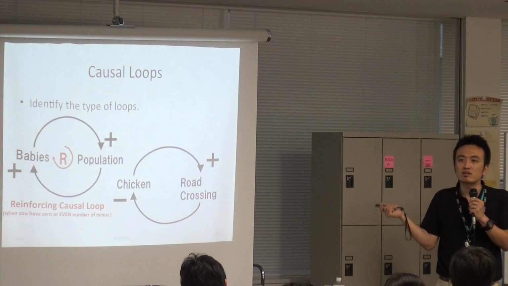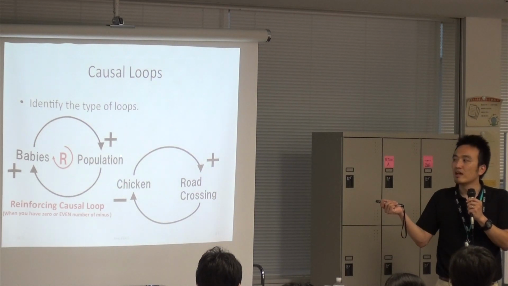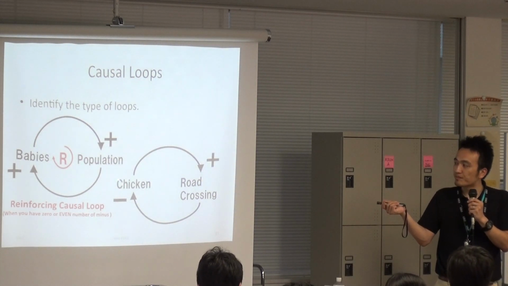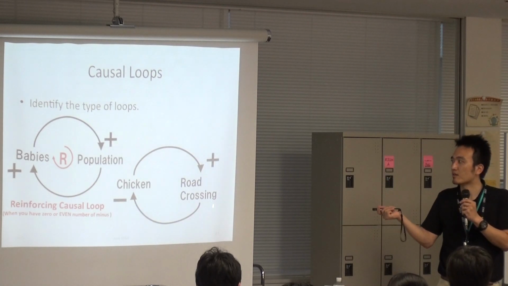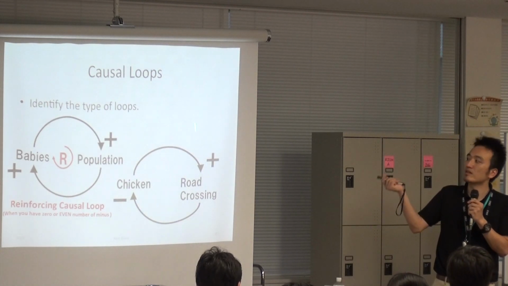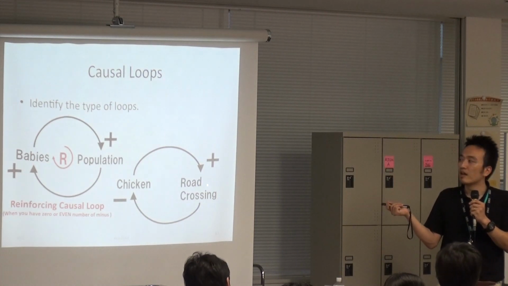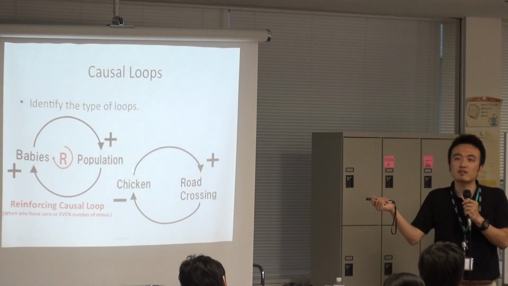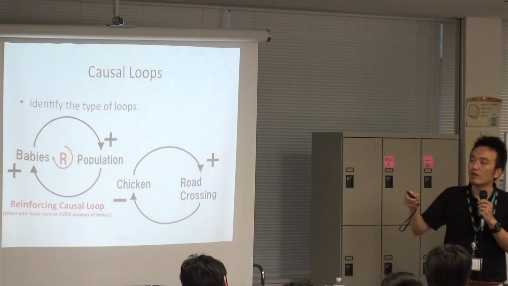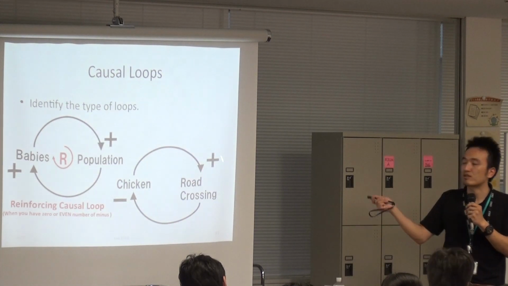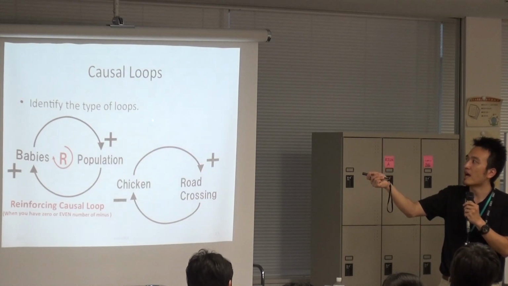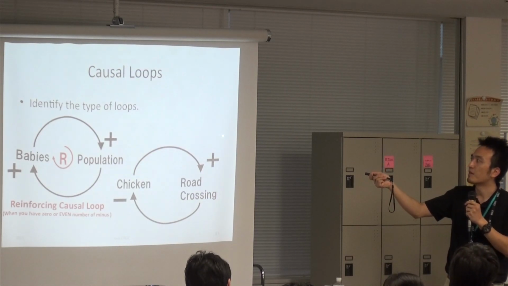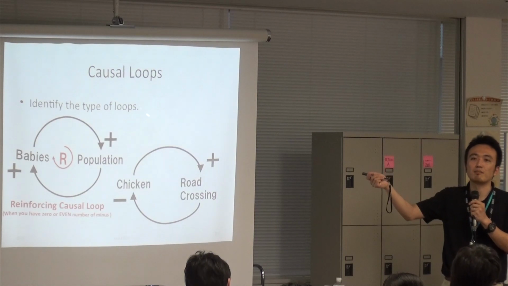So it tries to balance. So if you draw a graph of this loop, the chicken number will gradually become less, but it will saturate at some point.